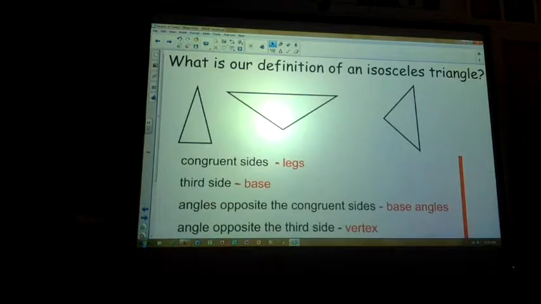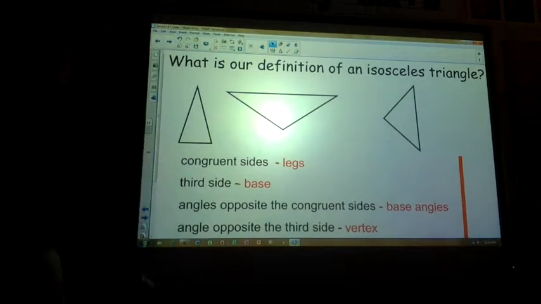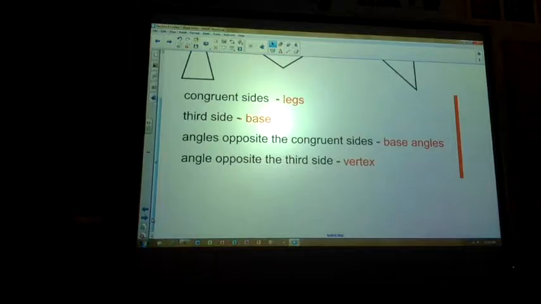Fancy. Congruent sides, so those are the legs. Third side is the base. So the side that's not congruent to the other 2 we'll call the base. Angles opposite of the congruent sides are called the base angles. The angle opposite of the third side is called the vertex. So base angles are equal. Legs are congruent.